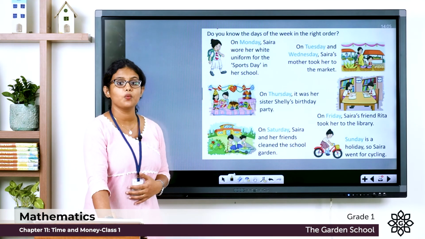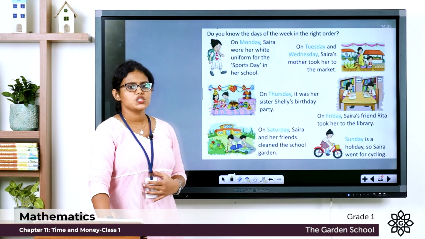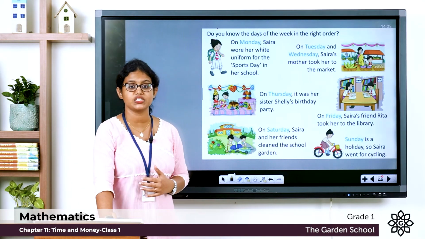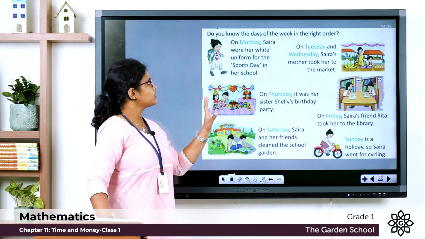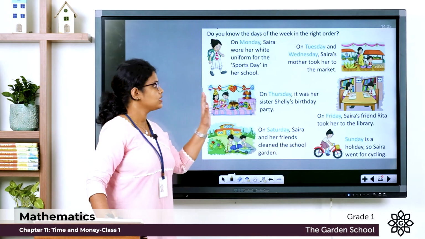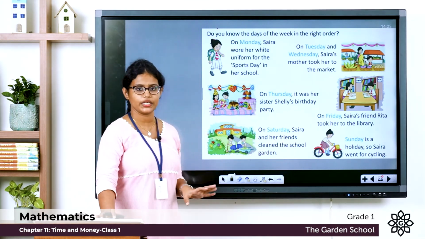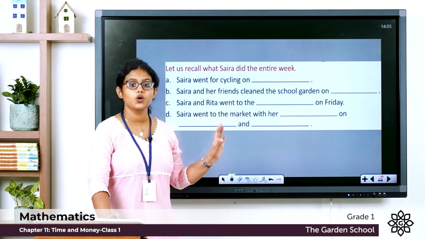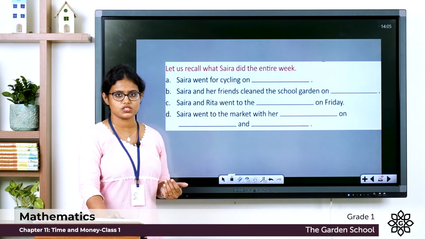Then there is a problem based on the days in a week. So see page number 161. This one I am giving you as an activity. This gives you an idea about the different days in a week. And below that there are some questions based on this.